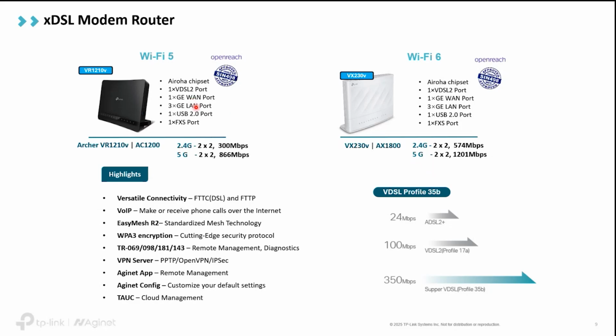This one is the Archer BR1210, a Wi-Fi 5 solution, MCT approved, so absolutely can be used and deployed into the network at this moment in time. And then also a Wi-Fi 6 variant, similar product look, the VX230V. Again, this is a Wi-Fi 6 2x2, with a DSL port on board, which is all OpenReach MCT approved.